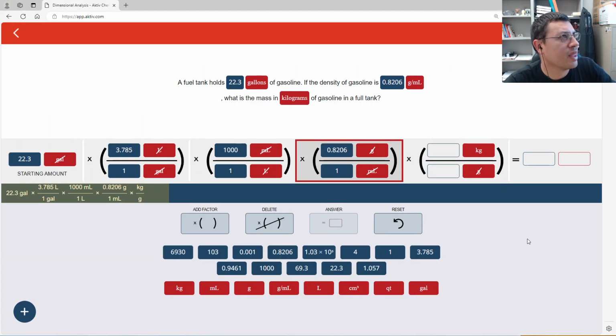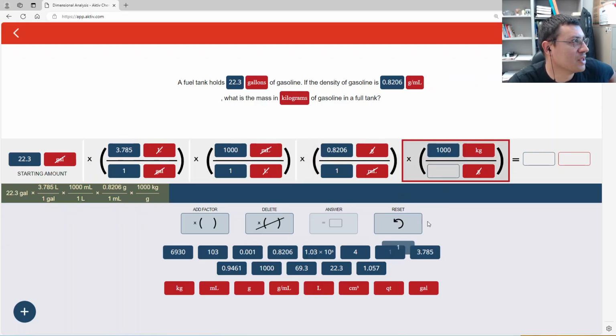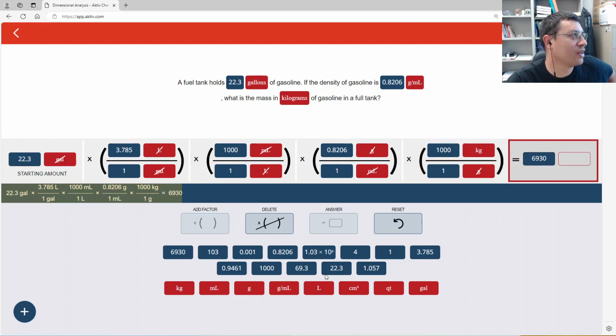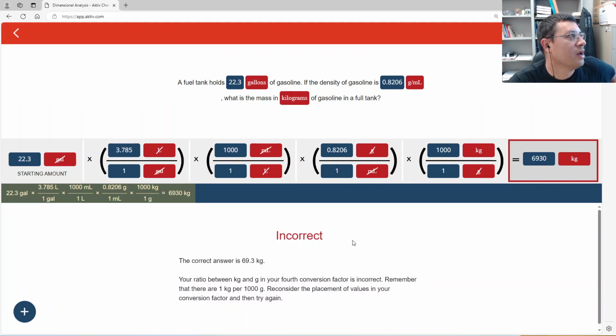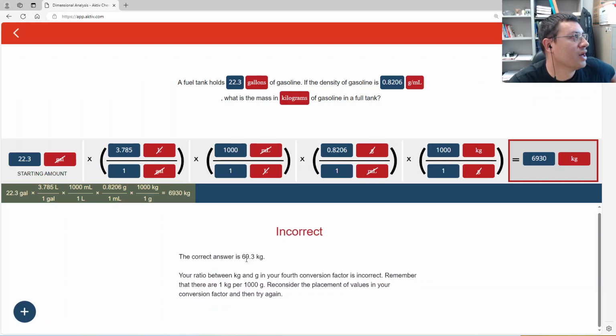All right, so I just want to show what happens in case you do something wrong in the platform. So let's say for some reason I had 1,000 kilograms being equal to 1 gram, even though it's supposed to be the other way around. So I do the math in my calculator and I get this sort of answer. All right. So, oh, whoops. So I'm in teacher mode, so it just showed me that.